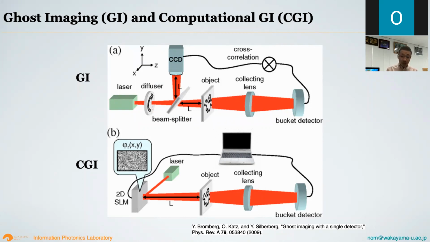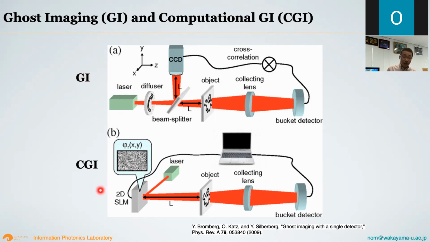But now we use a two-dimensional SLM to generate random patterns. The computer controls the random pattern and the computer knows the random pattern. So we don't need the CCD camera used in ghost imaging.